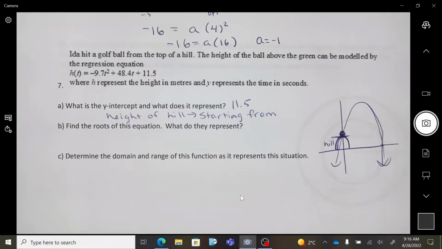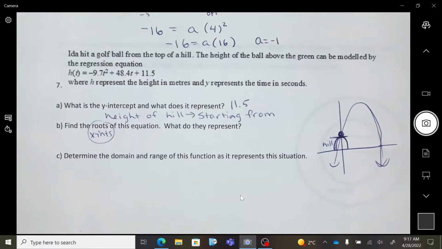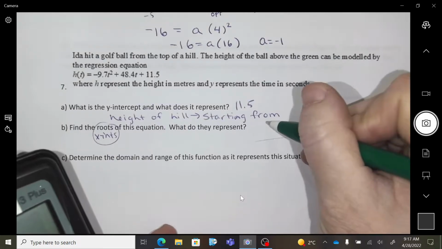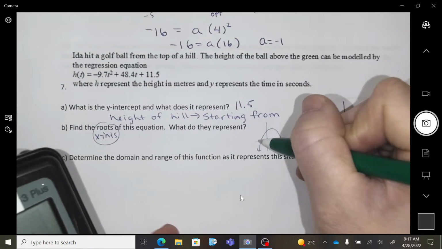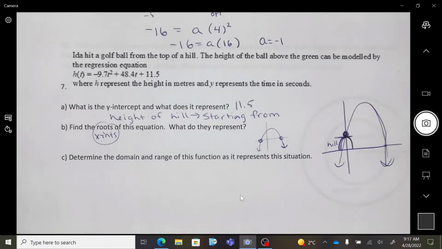Okay, find the roots. So find the X-intercepts. Find the X-intercepts. So can you calculate? Can you calculate those two numbers?